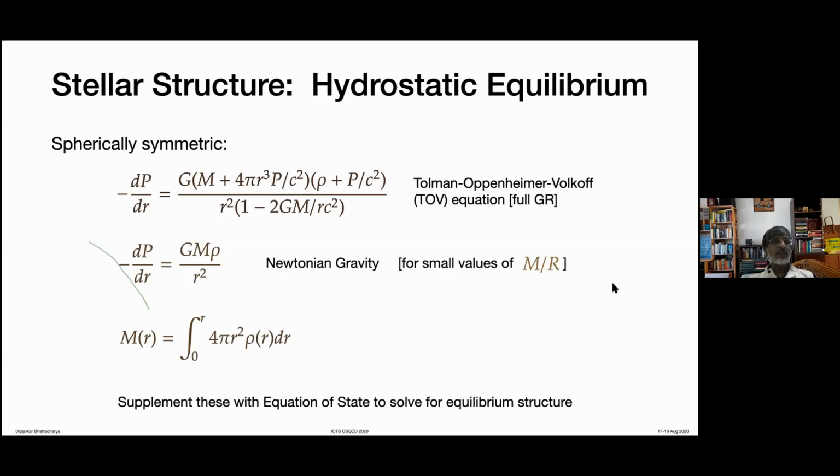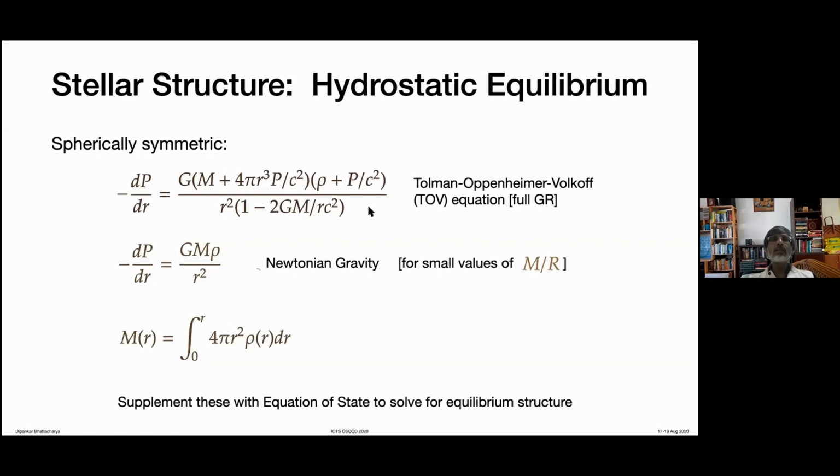For such stars, we can talk about configurations that are in hydrostatic equilibrium, where there is no structural change in the star in a dynamical time. So for stars in hydrostatic equilibrium, we have to describe it through a pressure balance.